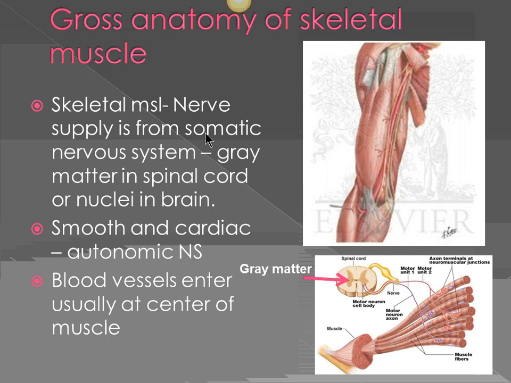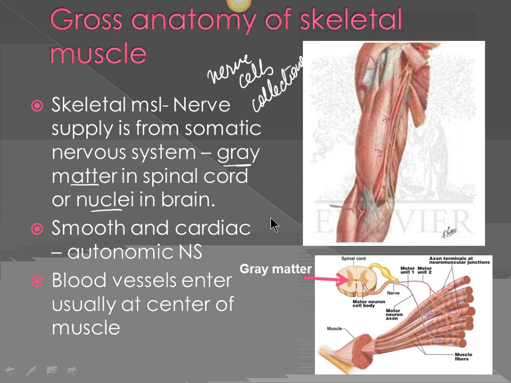In the somatic nervous system, either in the brain or in the spinal cord, you have areas where nerve cells are collected. So we can say a collection of nerve cells is known as gray matter or nuclei.